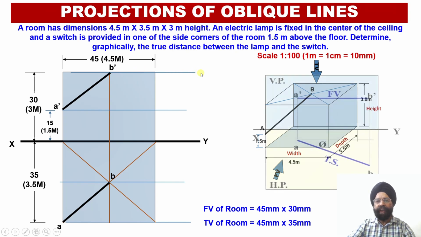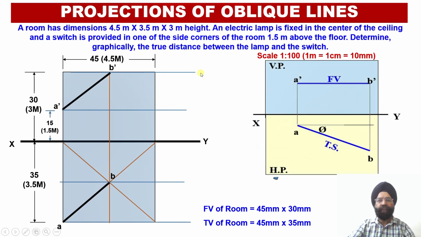Now, in order to obtain the true length of the line, we need to understand the basic fundamental of the rotation of the line method. Whenever the apparent length projection of the line in the front view becomes parallel to the horizontal plane, in the top view on the horizontal plane we will be able to obtain the true length of this line AB.